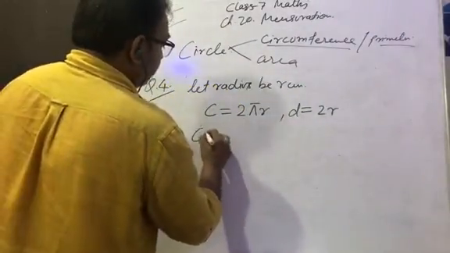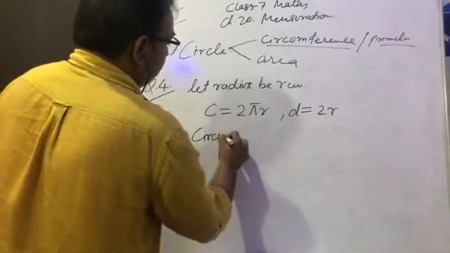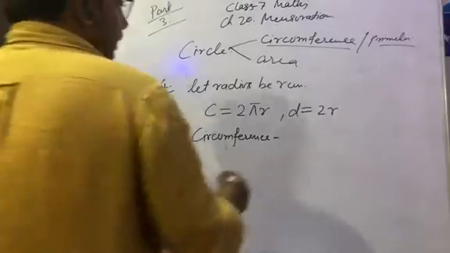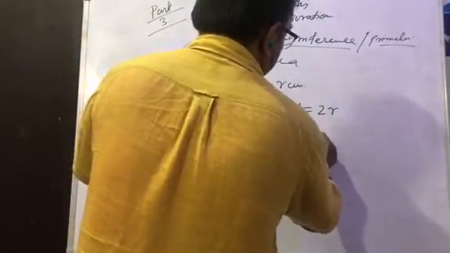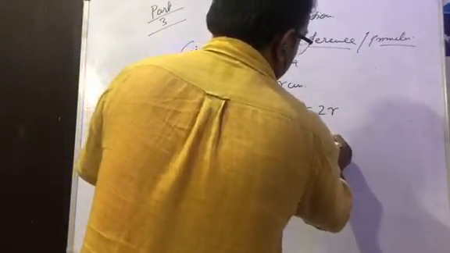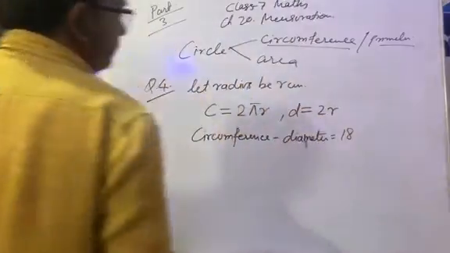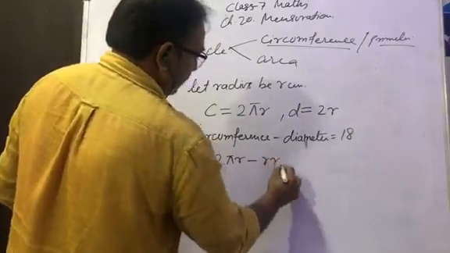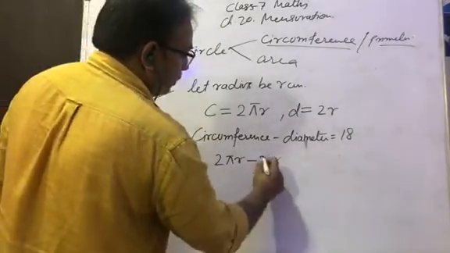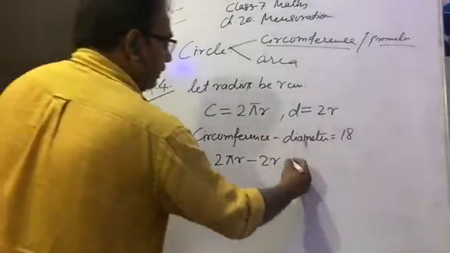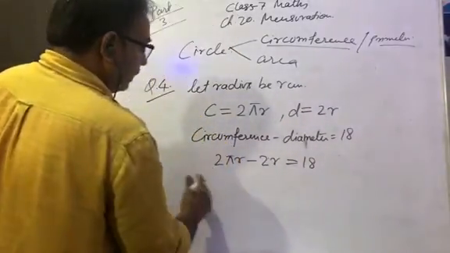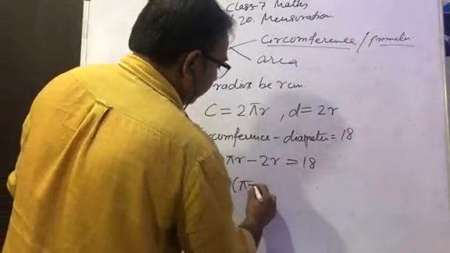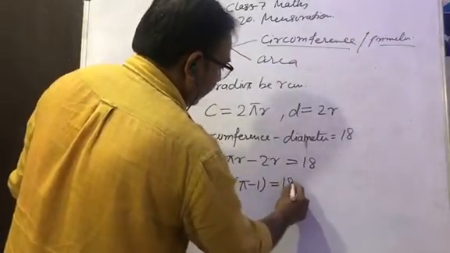It means the difference between the circumference and diameter is equal to 18. So 2 pi r minus 2r is equal to 18. Just take 2r as common. So this is 2r into pi minus 1, which is equal to 18.